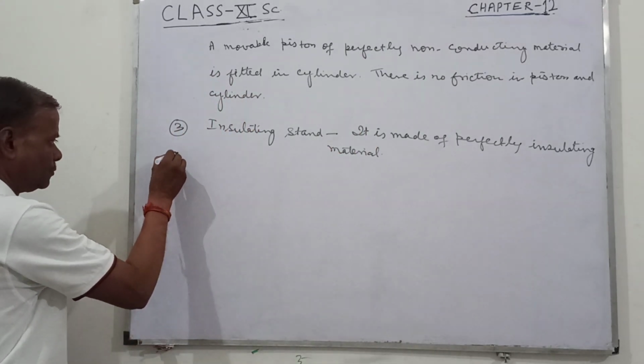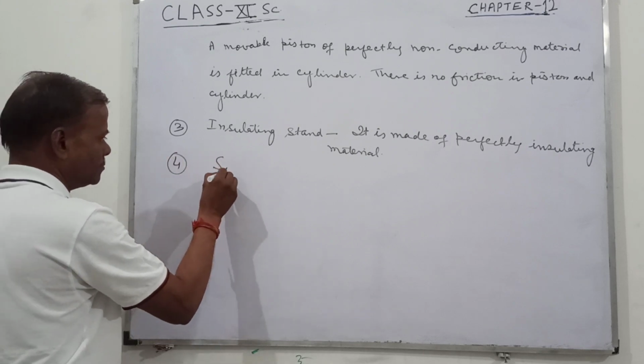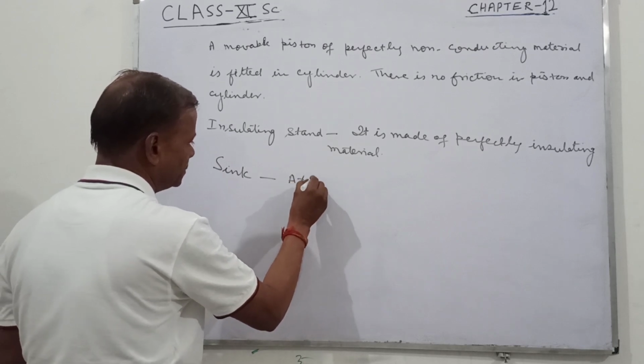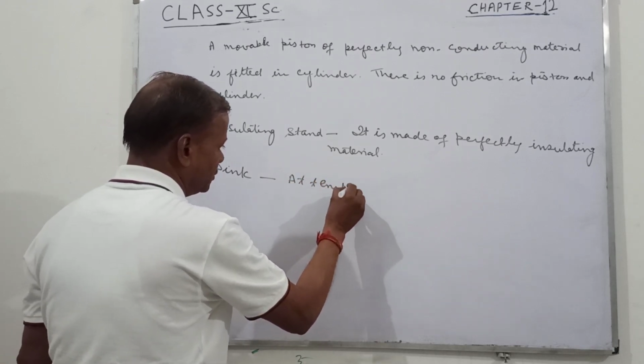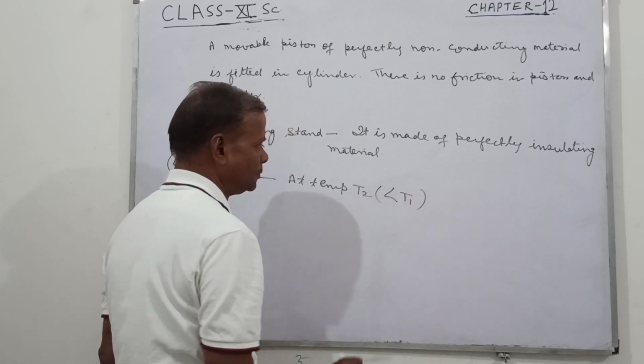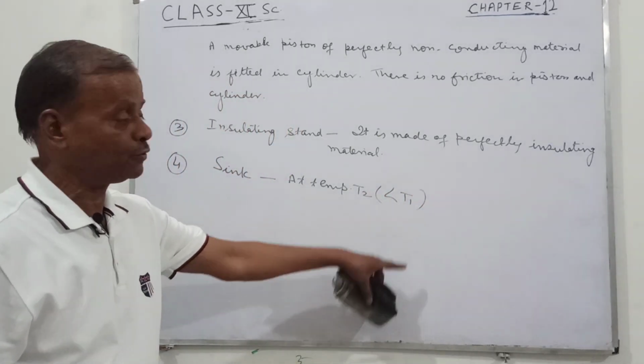And number 4, sink at temperature T2, less than T1, less than the temperature of the source.